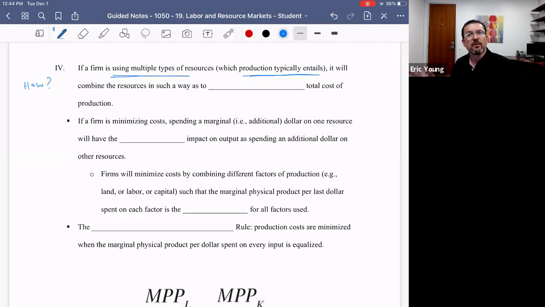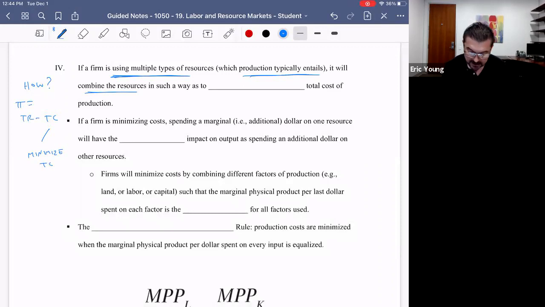Other companies take a more technology-based approach for the same product with lots of capital and technology and fewer workers. So at the end of the day, profit is equal to total revenue minus total cost. So the goal is to minimize total cost.